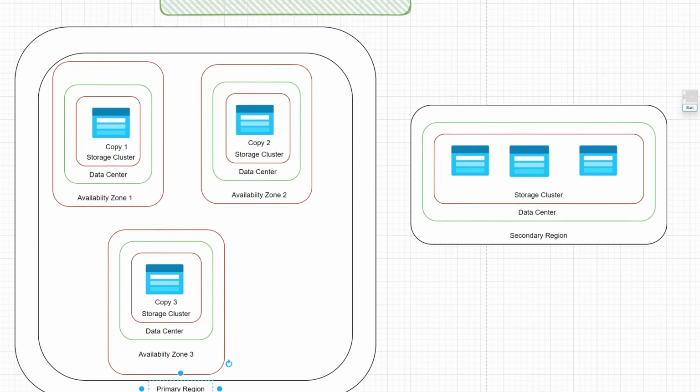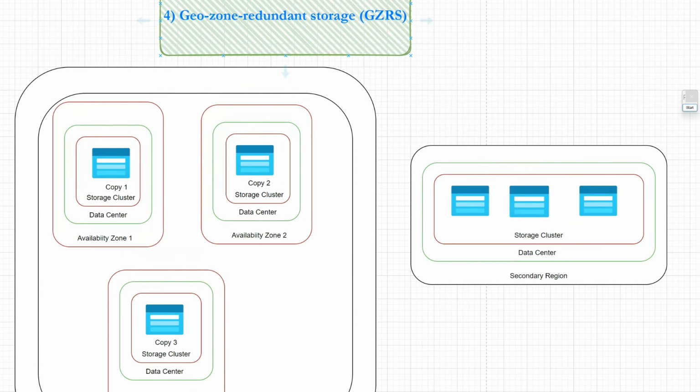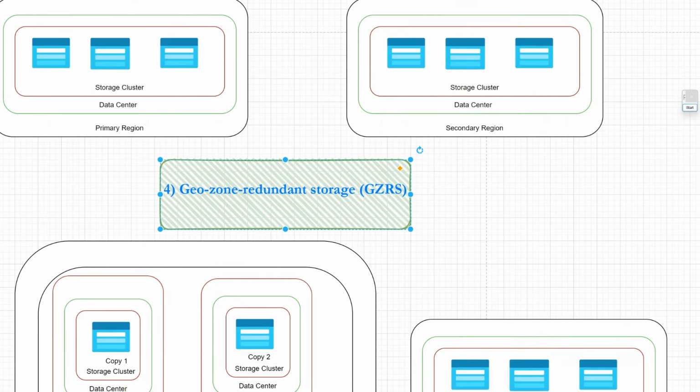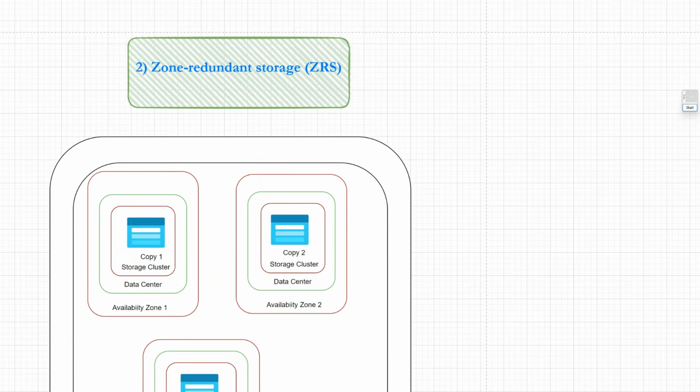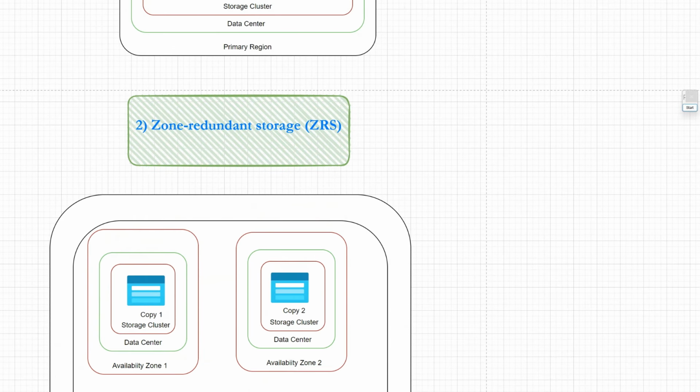So I can say that this GZRS provides you the maximum protection to your data from all disasters, but it is not cost efficient. It requires a lot of cost. So it completely depends on your project requirement and the budget which is available and allowed to use. So this is how these four redundancy storage options function.